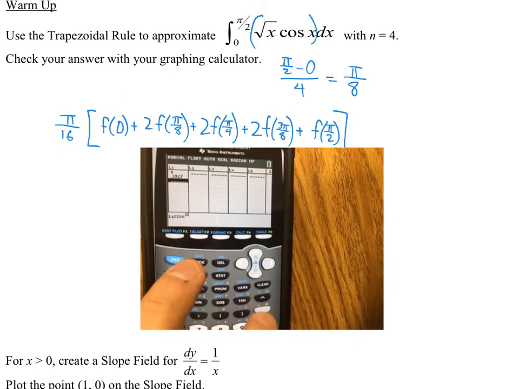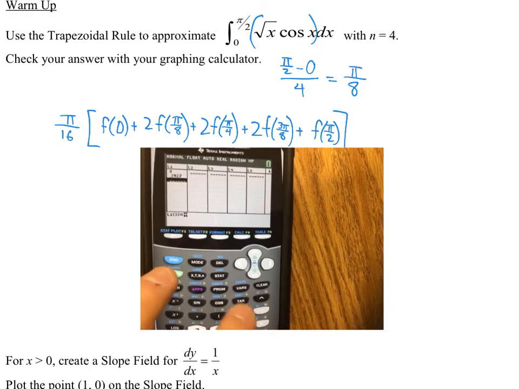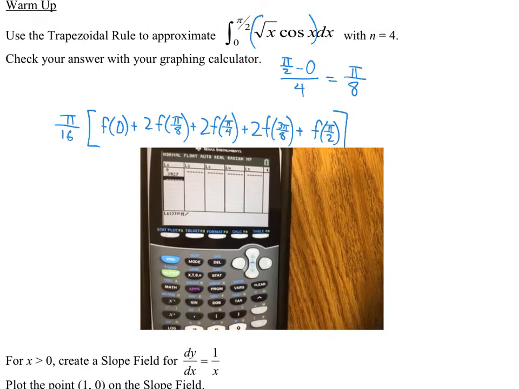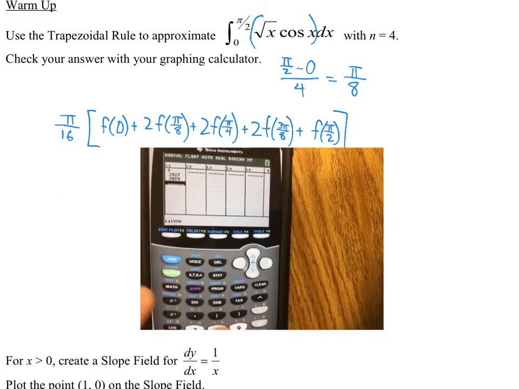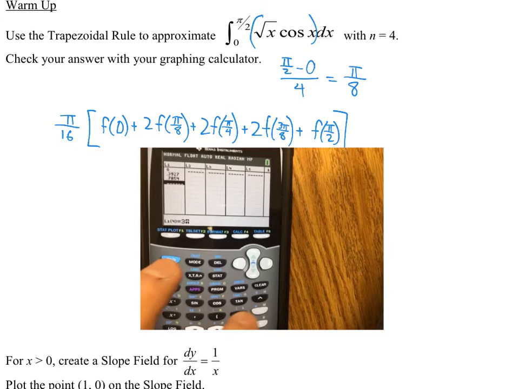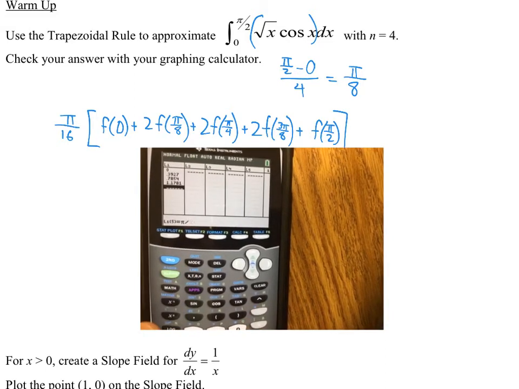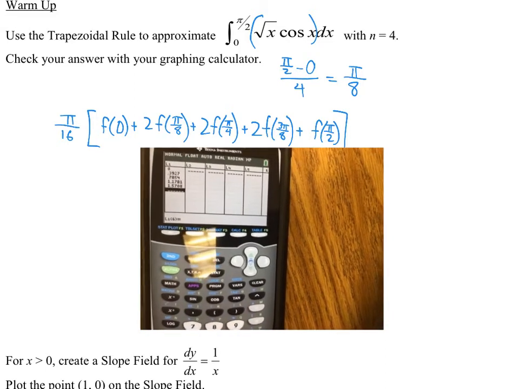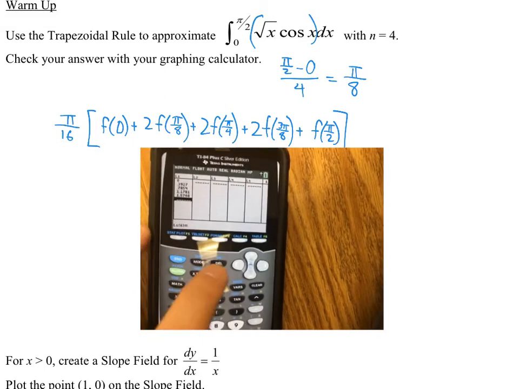Over 4. Yeah, pi over 4. And then I need a 3 pi over 8, and then a 4 pi over 8, which is a pi over 2. And that's the last one, okay? So that is now saved in my list 1.